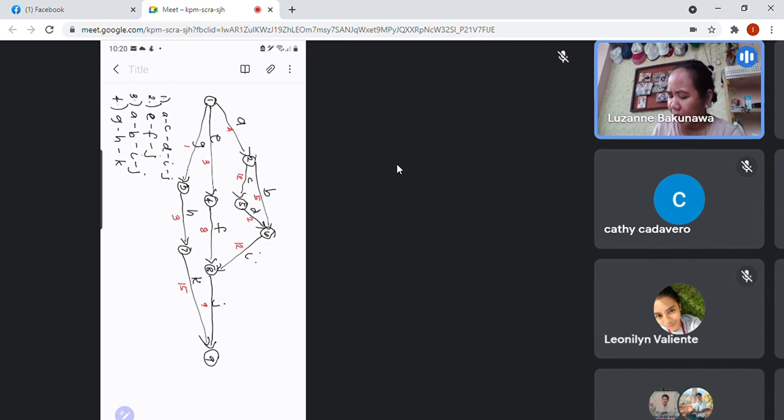So only 4. Let's compute the duration of each path.